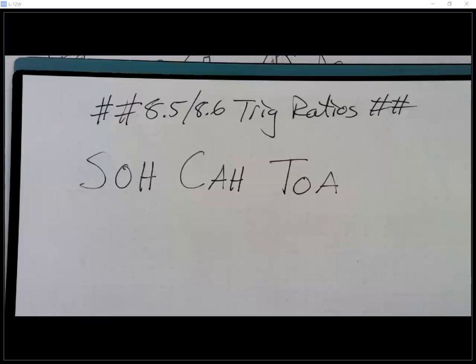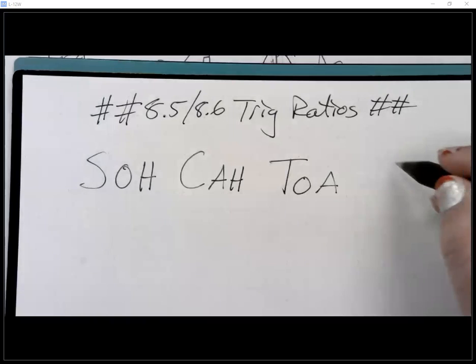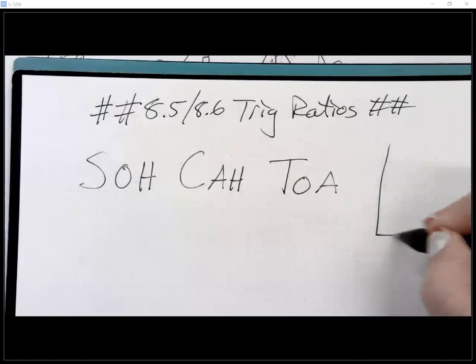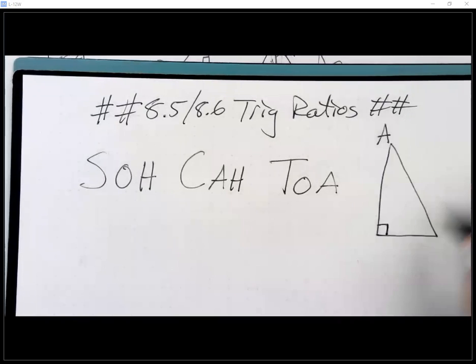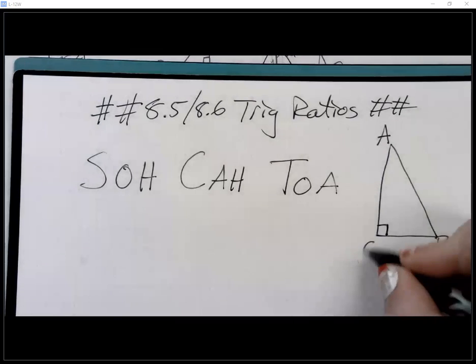All right, now let me break down what each of these things means, okay? Because I know it's super confusing right now. I'm going to draw a right triangle over here, and I'm going to label it with vertices ABC.